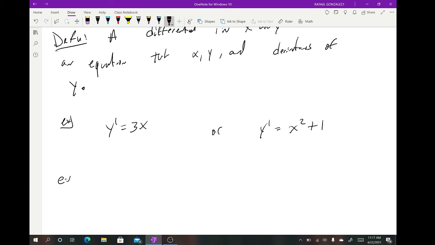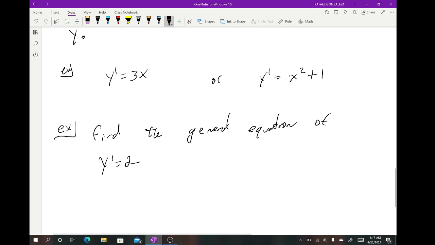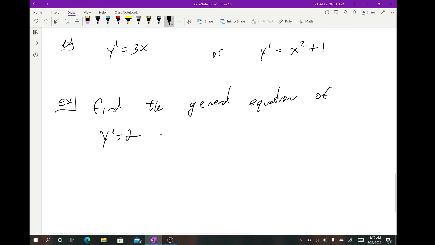Now, let's say somebody came up to you in the train and told you to find the general equation of, let's say, y prime equals 2. Then what we're looking for is, this is the little f of x. So we're looking for an antiderivative of this. So we're looking for capital f of x. So we're looking for a function whose derivative is 2.